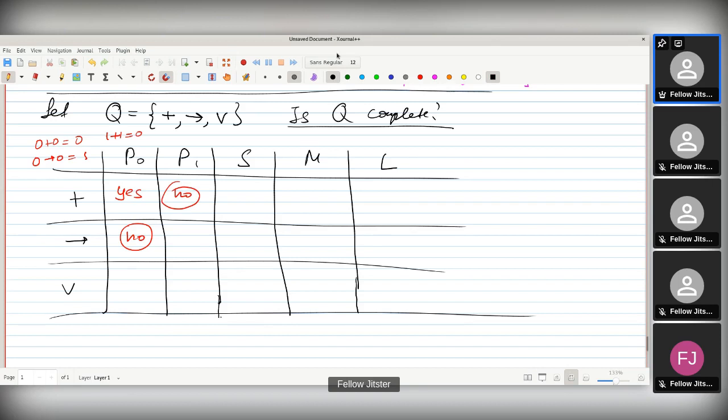Self-duality means that for every x, our function returns the negated result at the negated input. What if we negate the input of plus? Will it negate the output? In fact, not.